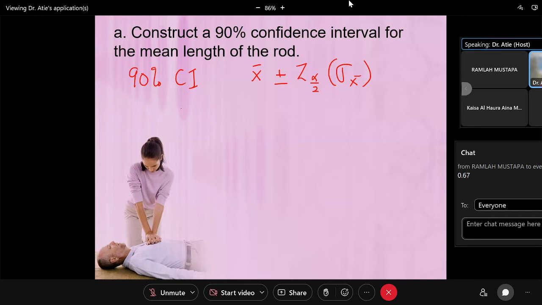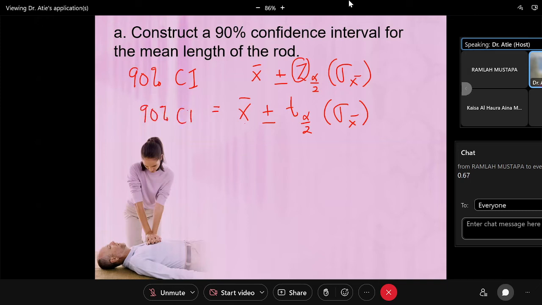But for the T, it is also the same, but we need to change the Z to T because we are using a different table. So in our case it will be X bar plus minus T alpha divided by 2 times sigma X bar, right? These values X bar and sigma, we can get from the distribution we just found, right?